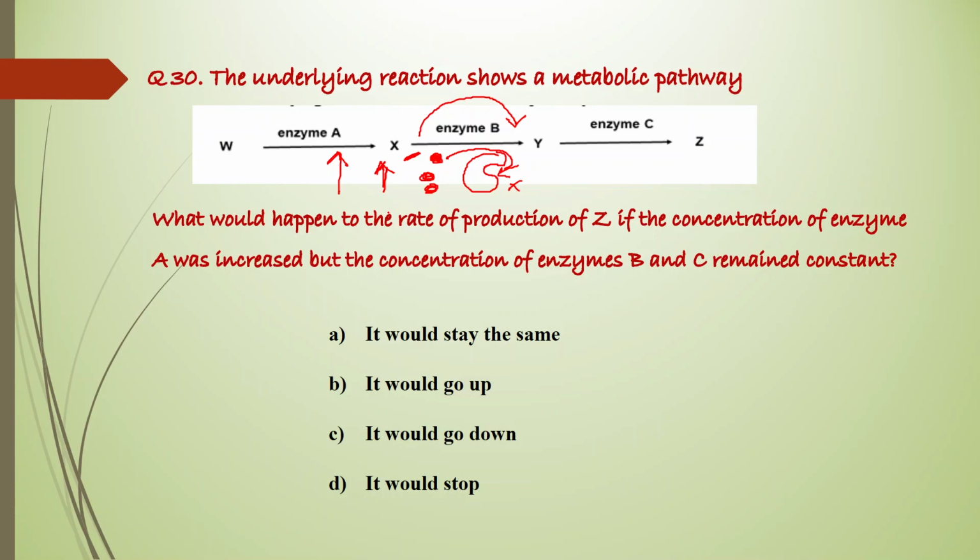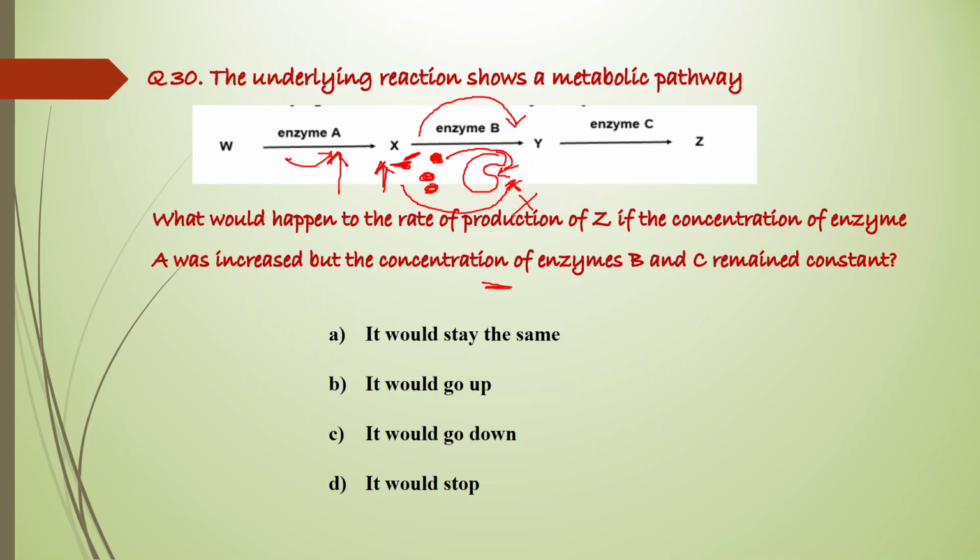So basically, although enzyme A is now quickly producing X molecules, the number of catalytic sites for enzyme B has not been increased because the concentration is the same, so this particular reaction's rate is independent of the concentration of X, the substrate of this reaction.